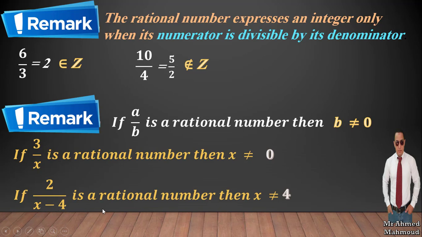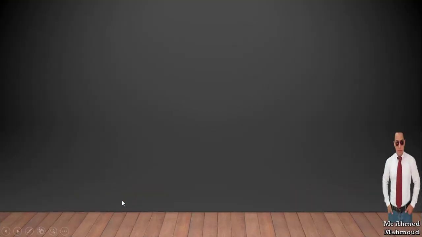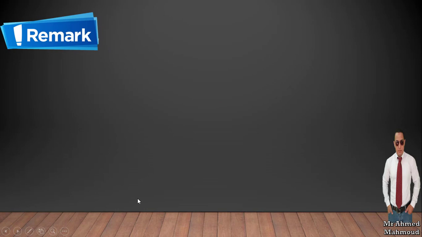Let's solve the first example with another remark. If we have a fraction a over b equals 0, we know that the fraction equals 0 if the numerator equals 0. For example, 0 over 5 equals 0 and 0 over negative 3 equals 0.